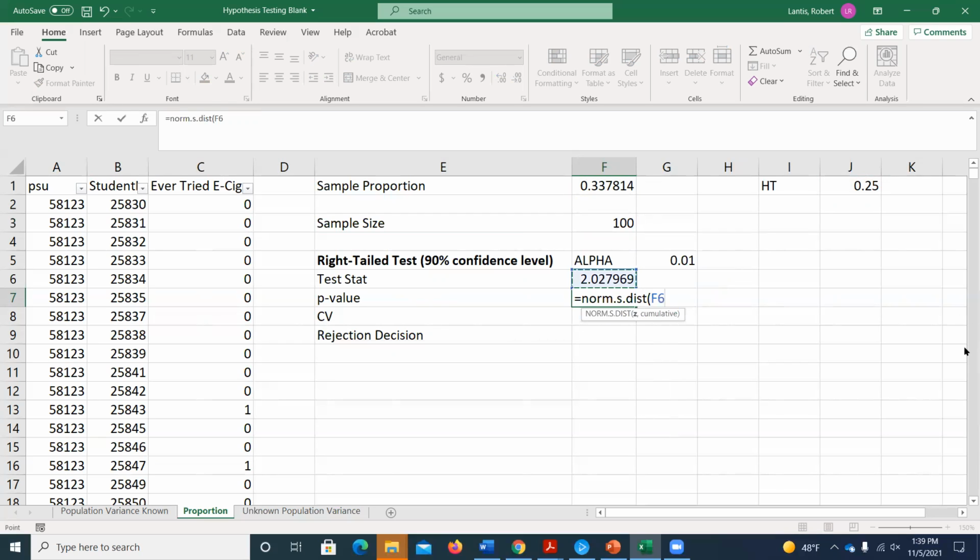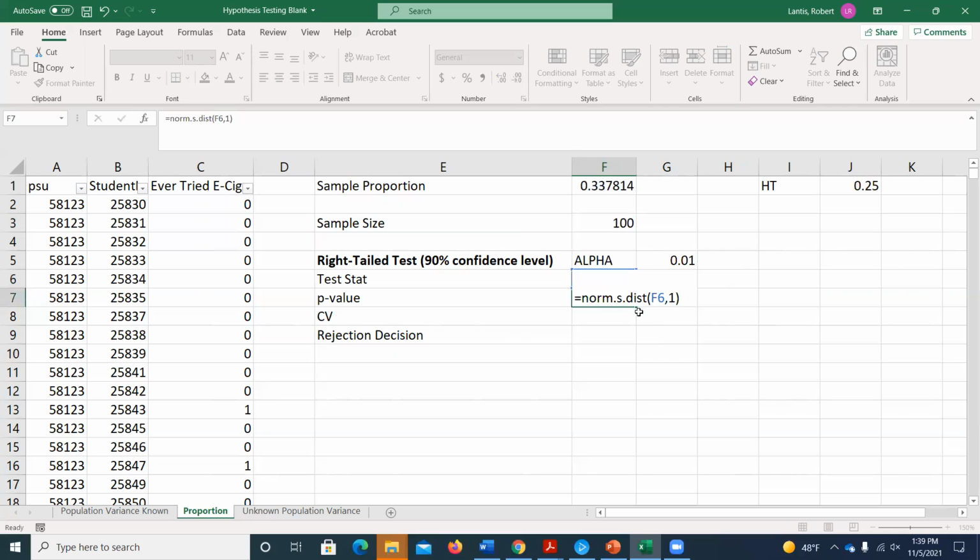Look up that Z value and then comma 1, right? This is where your question about the RT would be really nice to have the norm.s.dist.rt, right? Because I need the area to the right for a right-tailed test. All this is going to do is tell me the area to the left of that test statistic, okay?